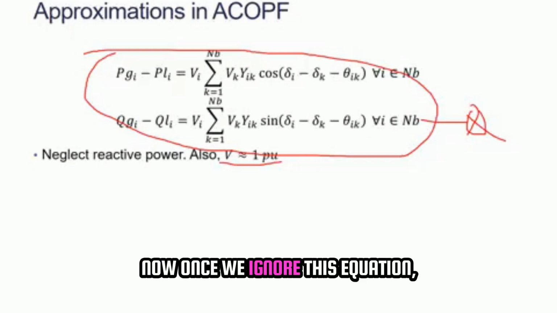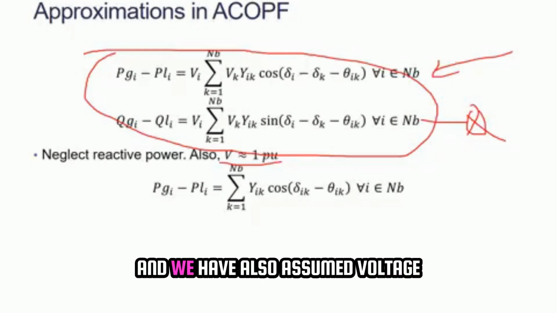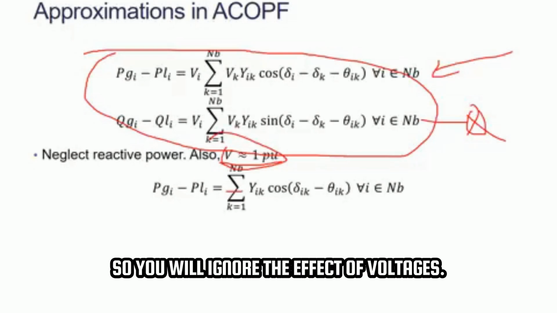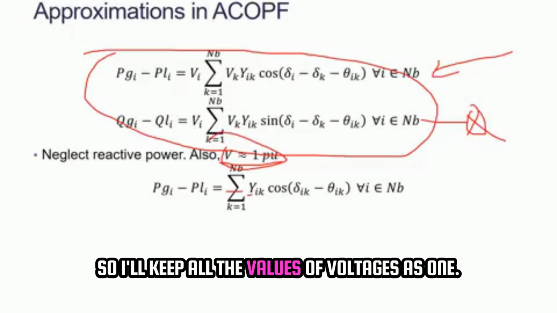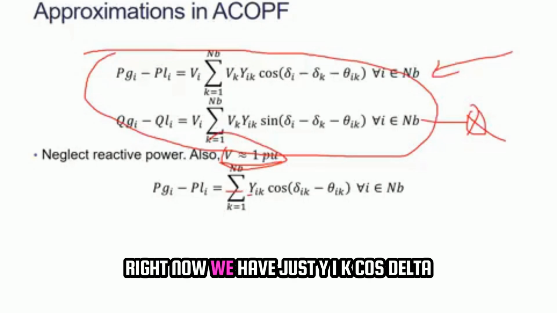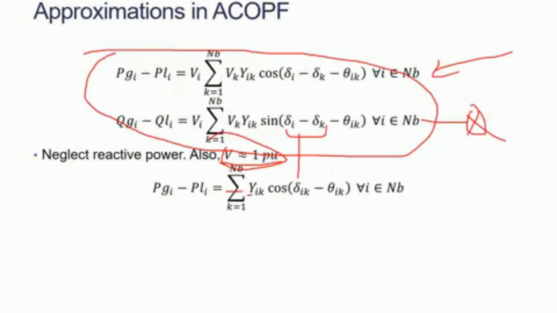Once we ignore this equation, only this equation is there, right? And since we have assumed voltage is close to 1 per unit, we ignore the effect of voltages. I'll keep all the values of voltages as 1. Now we have just YIK cos(delta IK minus theta IK). Delta IK is nothing but delta I minus delta K.